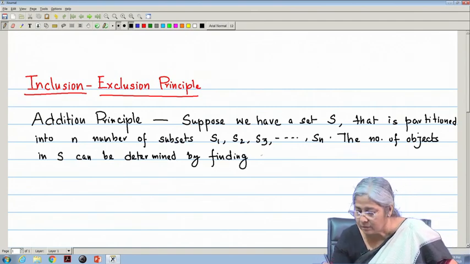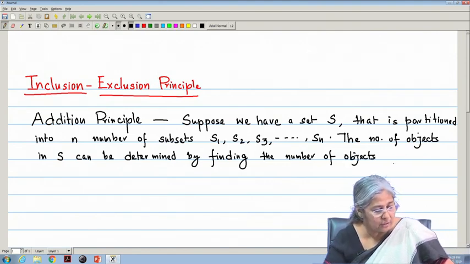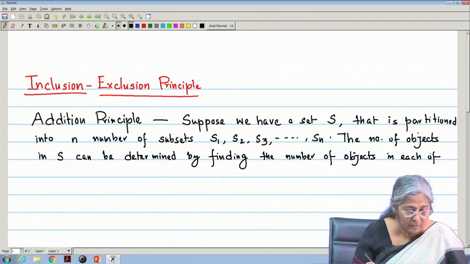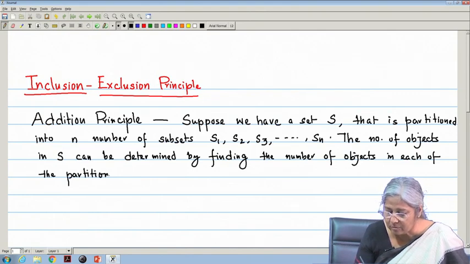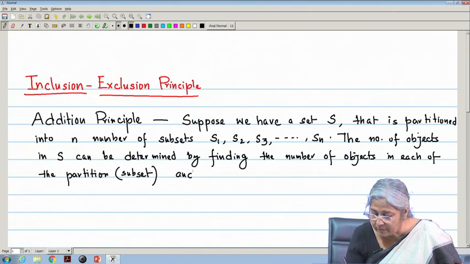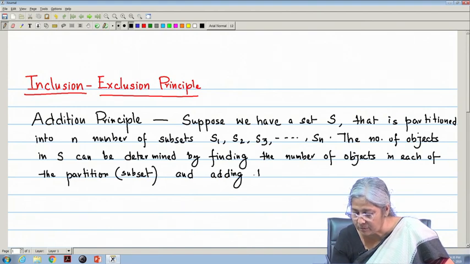By finding the number of objects in each of the partition or subset and adding the numbers.